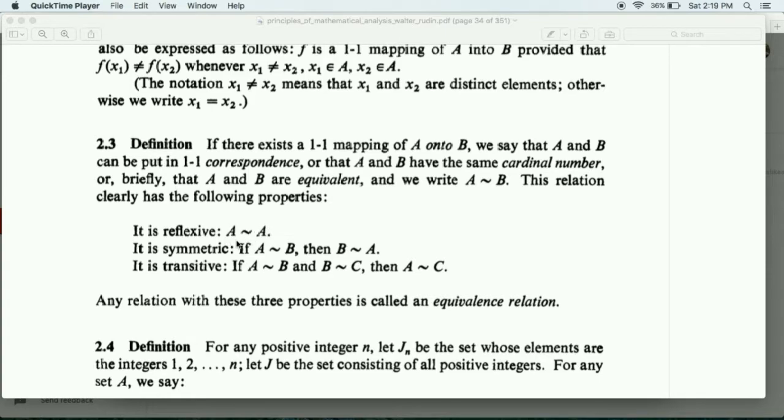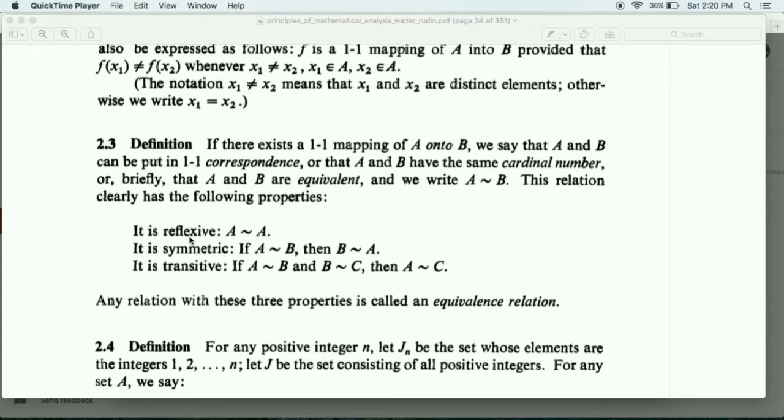It is symmetric if A is related to B, then B is related to A. That is, if small a is related to small b, then small b is also related to small a. And it is transitive if, in the set theoretic term, A is related to B and B is related to C implies A is related to C, and we take the lowercase letters for the element-wise formulae of these.